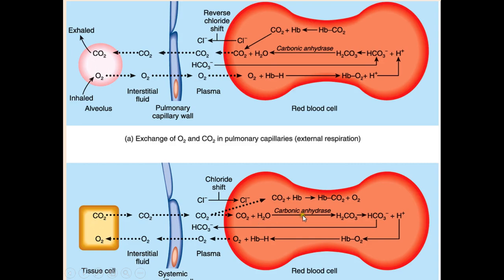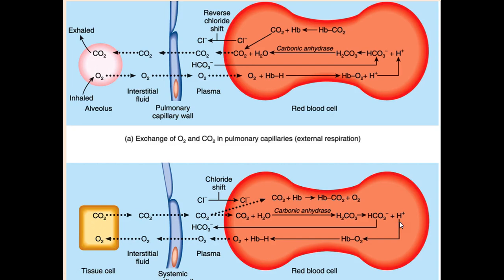Carbon dioxide converts into carbonic acid. In the presence of the enzyme carbonic anhydrase, carbonic acid dissociates into protons and bicarbonate ions.